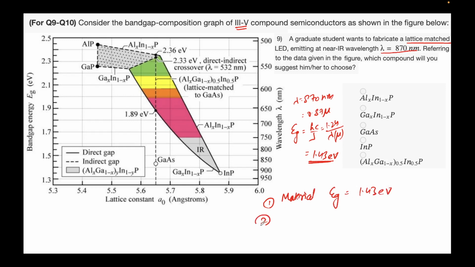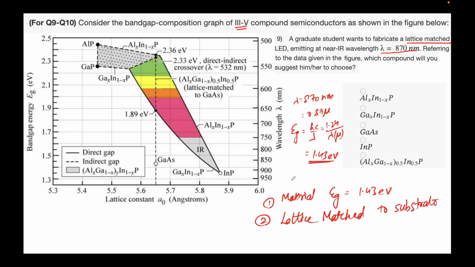Second thing is that it should be lattice matched. Lattice matched means there should not be any difference in the lattice constants. If I'm choosing more than one material, then they should have the same lattice constant, lattice matched to the substrate.